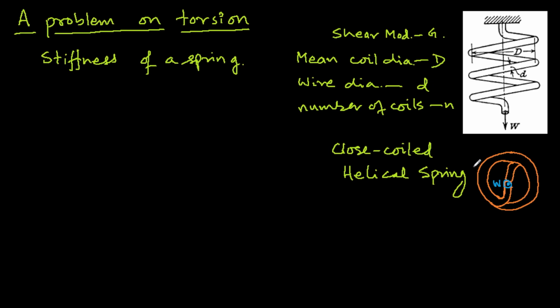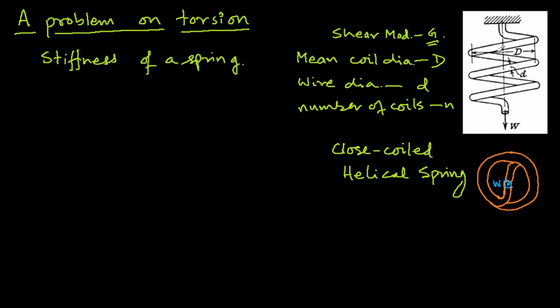The meaning of closed coil is that the angle which this spring helix is making with the horizontal is very small, so almost you can consider them to be horizontal. So these distances are not too much between coil to coil, and this is made up of a material whose shear modulus is G.